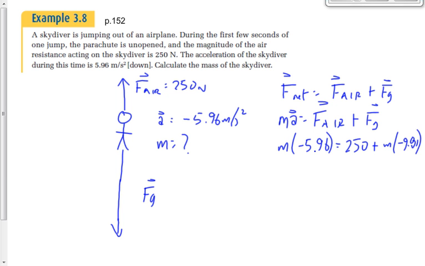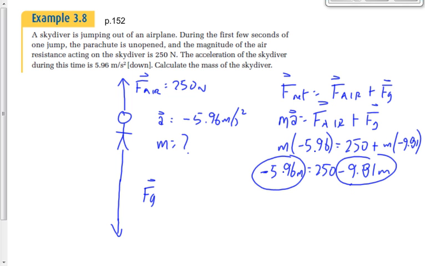Let's simplify this a little bit here. What are we going to do with those two terms that have both m in them? We want them together, right? Here's one of them. Here's the other one. Let's take this one over to the other side by adding.